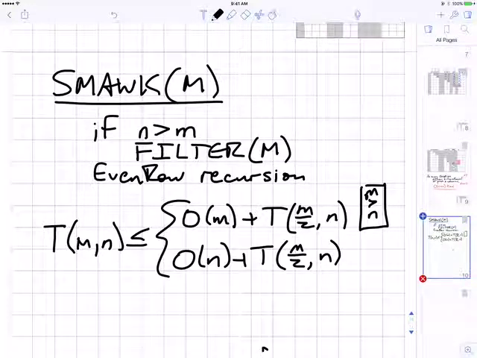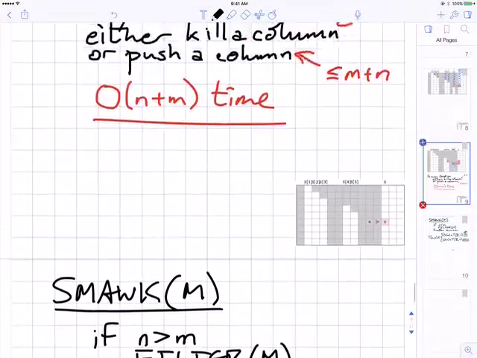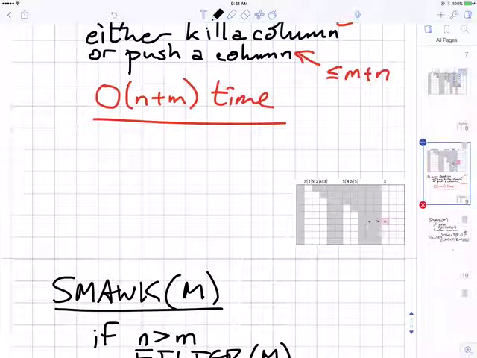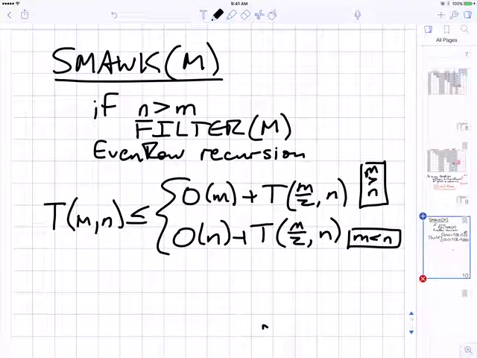The other case is if m is less than n. So if I have a short array, I need order n plus m time to do the filtering. But if m is less than n, then n plus n is the same as order n. I've swallowed at most a factor of 2 in here.